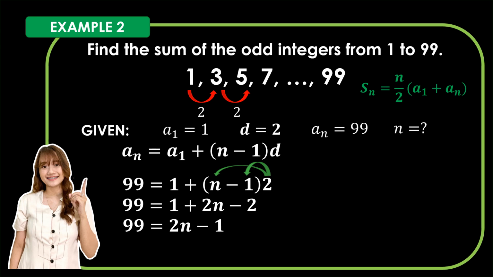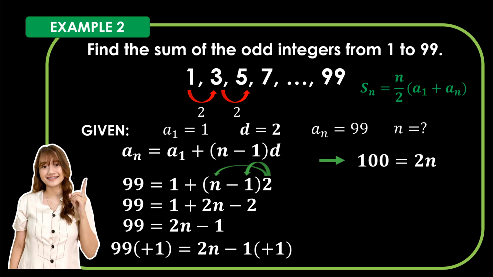Now, we want to cancel out negative 1. So we add 1 to both sides and we have 99 plus 1 equals 2n minus 1 plus 1. Since negative 1 plus 1 is just 0, and 99 plus 1 gives us 100, we have 100 is equal to 2n.